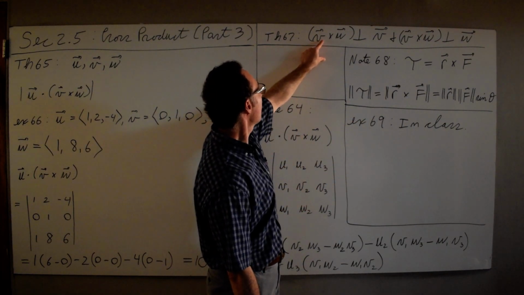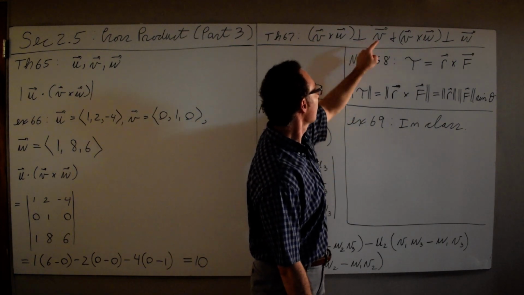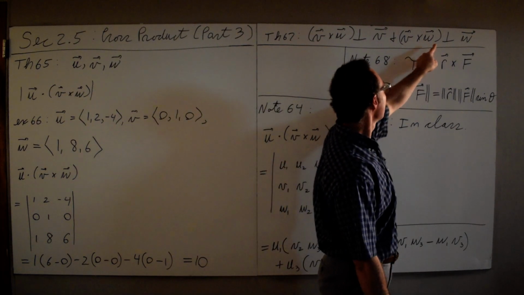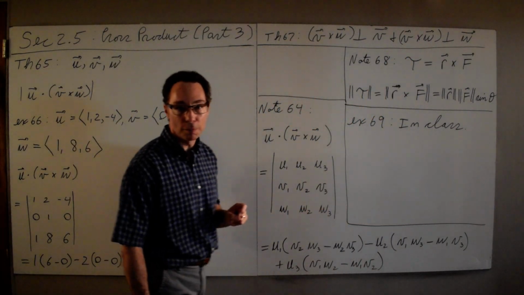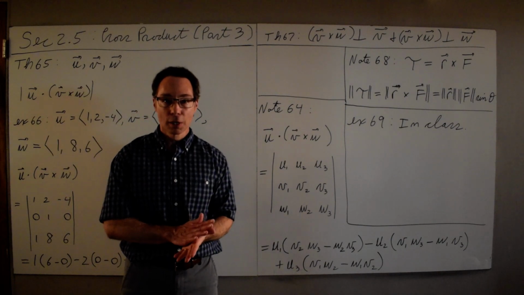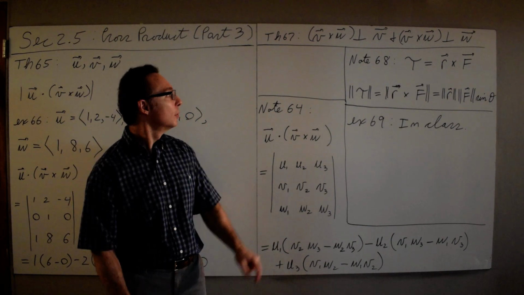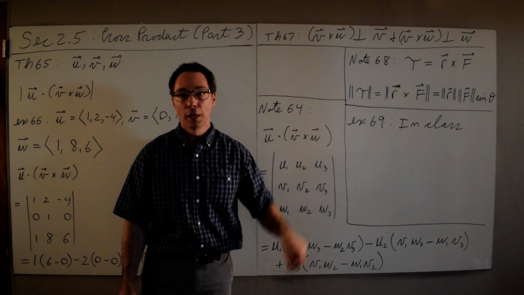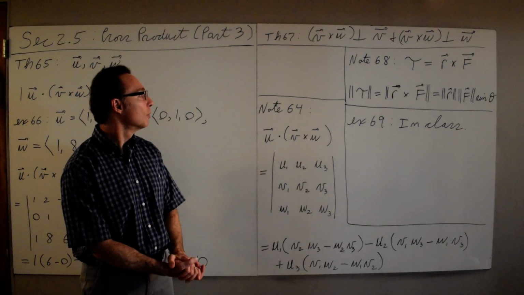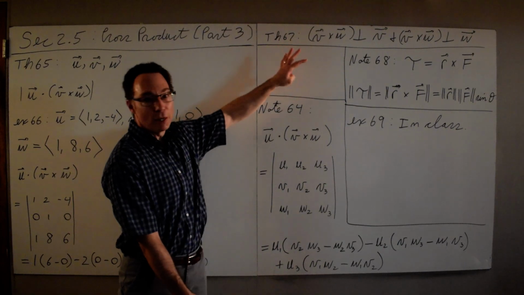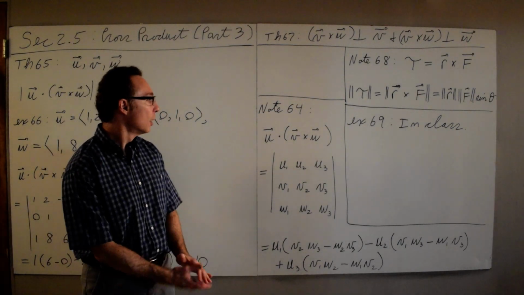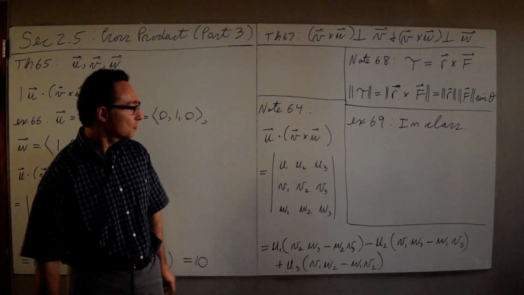So v cross w is orthogonal to v, and also orthogonal to w. If you have two vectors and you want to find a vector that's orthogonal to both, and sometimes you do, you take the cross product. The proof of that is given in your notes, so I'm not going to walk through it.